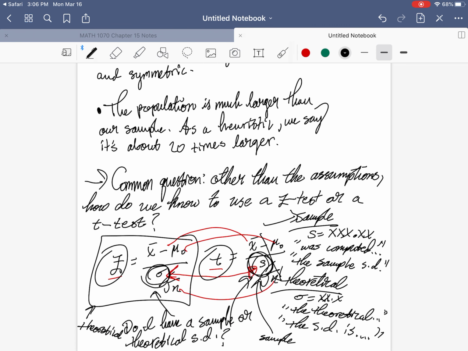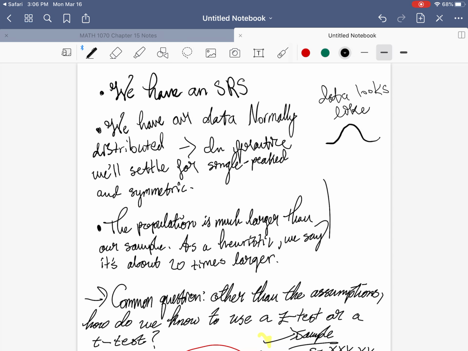And the reason that this is so helpful specifically is that, as I said before, let's do some erasing real quick. Let's erase these assumptions right here.